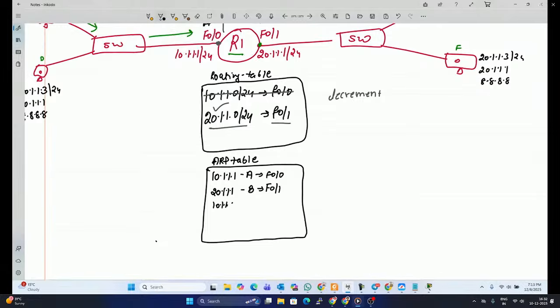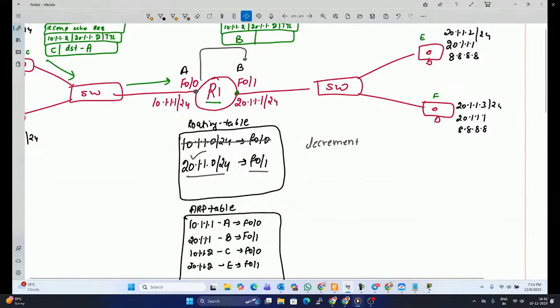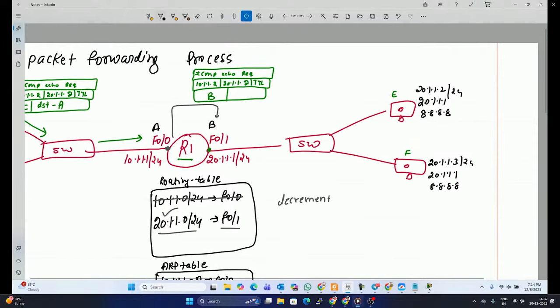Okay, for 10.1.1.2 the MAC is C, and for 20.1.1.2 the MAC is E. If the router is not having the MAC address, the router will keep this packet on hold. Sorry, the packet will be dropped and the router will be sending an ARP request.